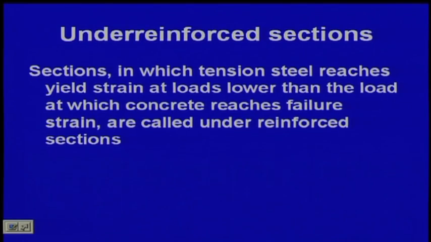Similarly, we have under reinforced section, which is preferable, we always prefer this one. So, sections in which tension steel reaches yield strain at loads lower than the load at which concrete reaches failure strain are called under reinforced sections.